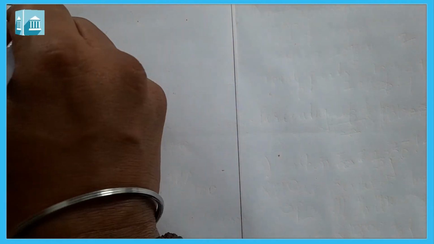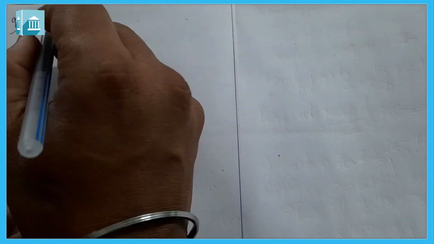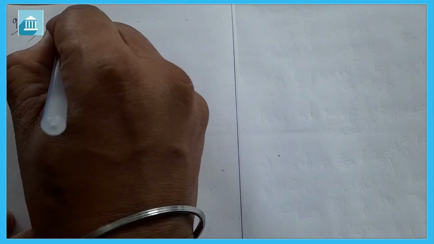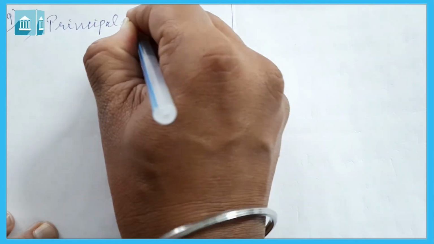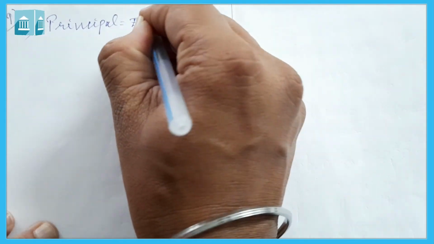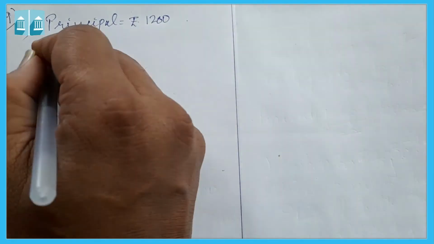In question number 9, it is given to find the amount to be paid at the end of 3 years in each case. So A, here the principal is given as rupees 1200.